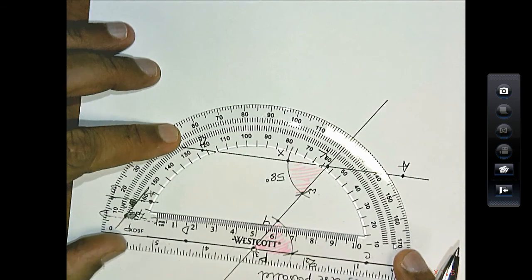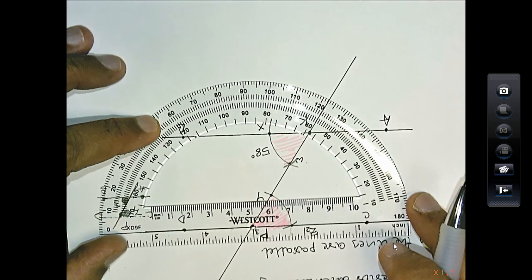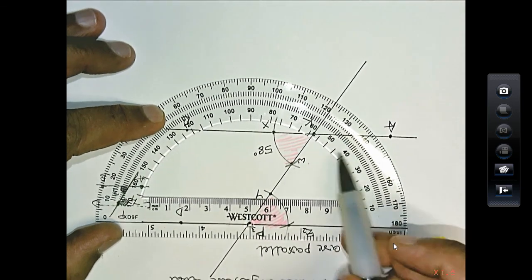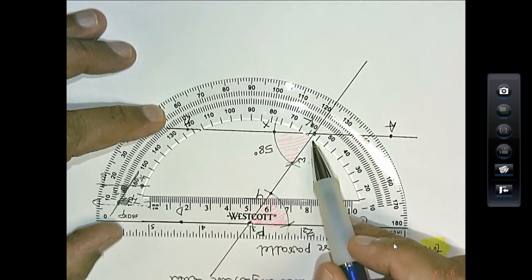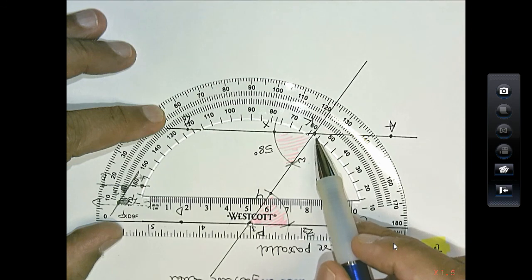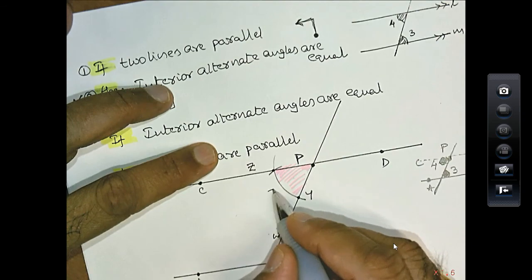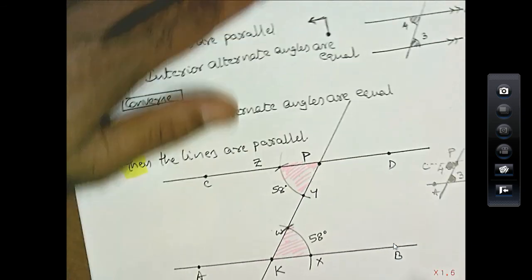Now, if you measure this angle, again you see that it is between 50 and 60, and it is close to 60. It's above 55 and close to 60. So instead of 57, I can take 58 because it is close to 60. So let me take this one as 58 degrees, right, friends?